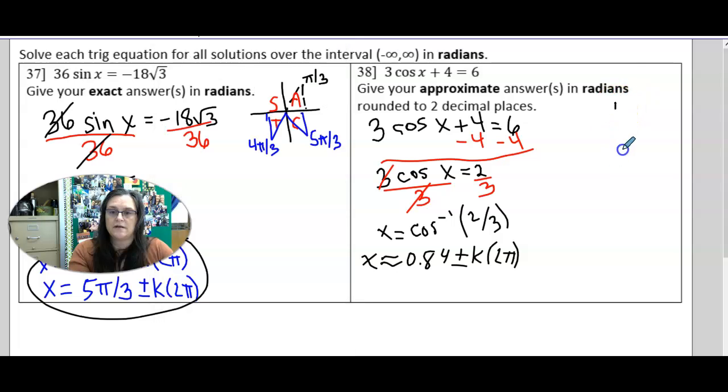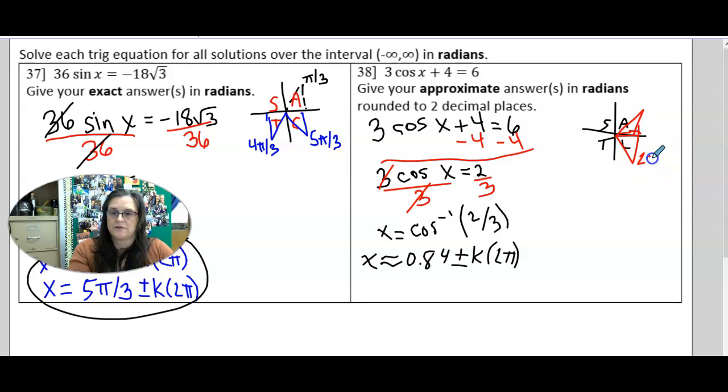And then cosine is also positive in quadrant 4. So we're going to take our principal value from quadrant 1, and reflect it into quadrant 4.